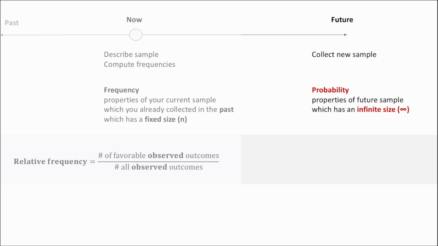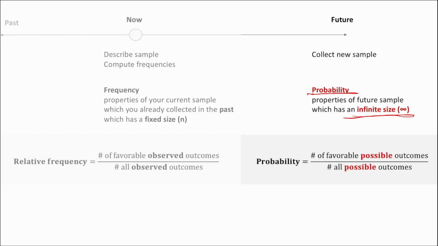If we repeat our experiment an infinite number of times, that's exactly what we call a probability. So probability is expected theoretical frequency, if you repeat this experiment in future an infinite amount of times. So the sample size will be kind of infinite or a very large number.